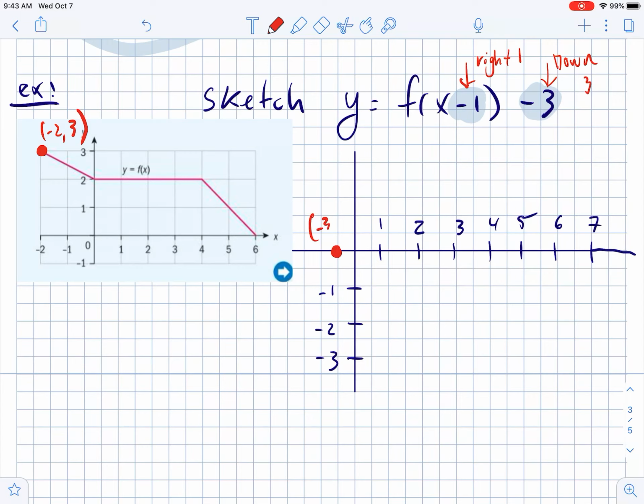So that point moves to right here. 0, 2. To the right 1 would be 1, 2. Down 3, well, 2 minus 3 is negative 1. So that would be 1, negative 1. Should be right here.